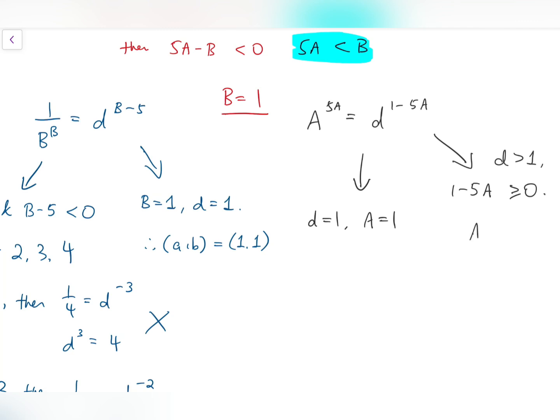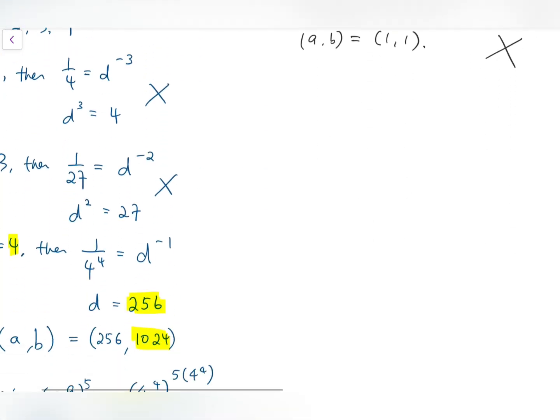Or even if I allow it to be 0, then we still have A is less than or equal to 1 over 5. But that's not possible, because for positive integers, this big A must be at least 1. So there's no solution for this part. And for the case if d equals 1, then both small a and small b are equal to 1, and we actually have obtained this already.